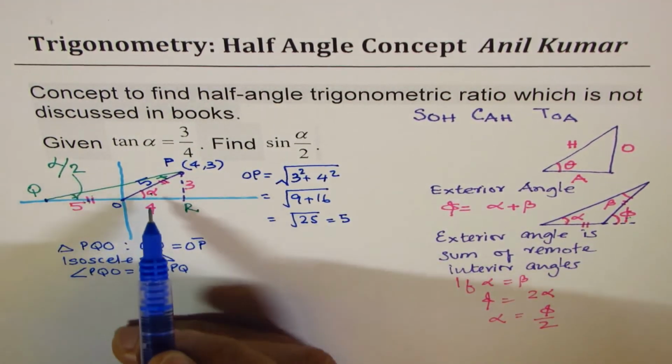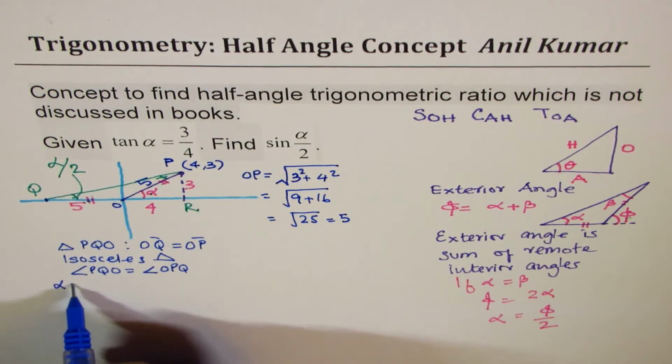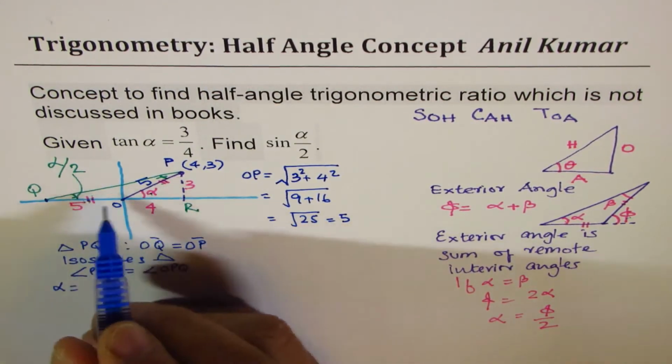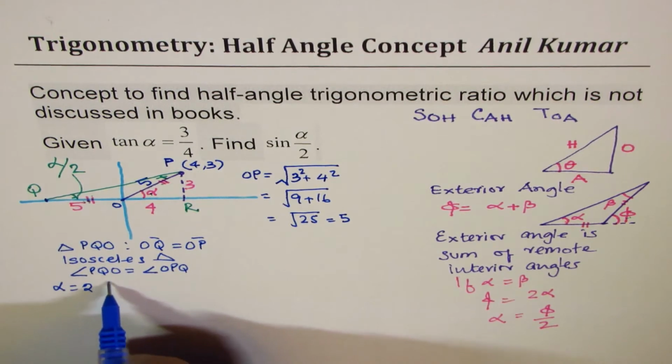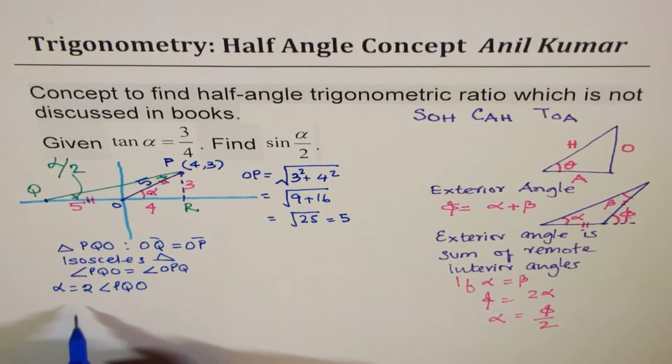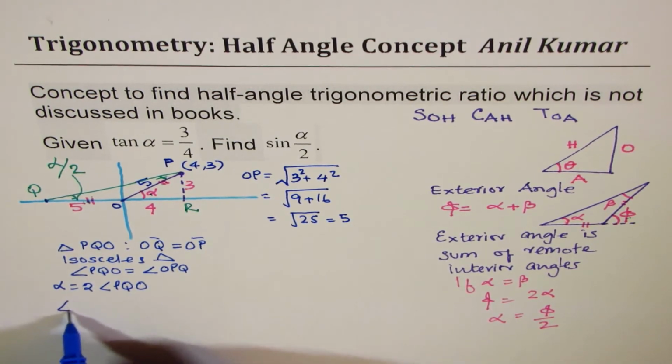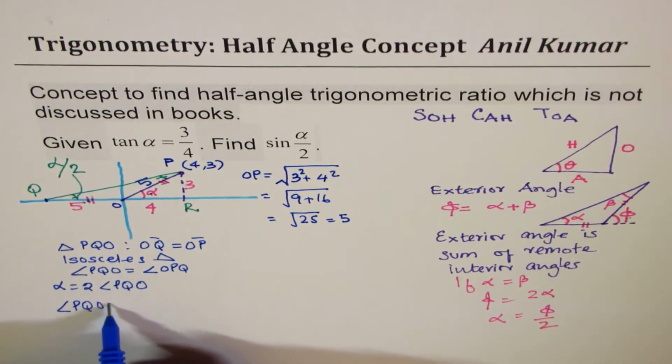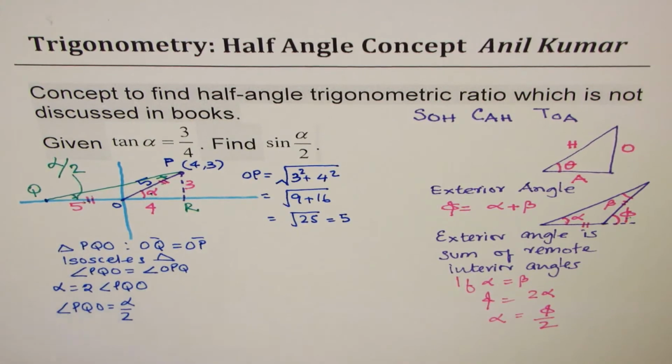And that also means that alpha is equal to twice those angles, right? Twice angle PQO, right? And therefore, angle PQO is alpha by 2. Does that make sense to you?